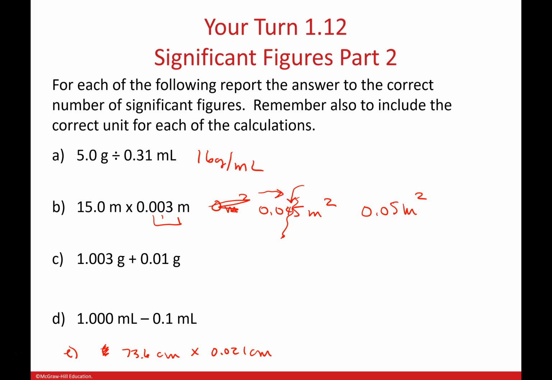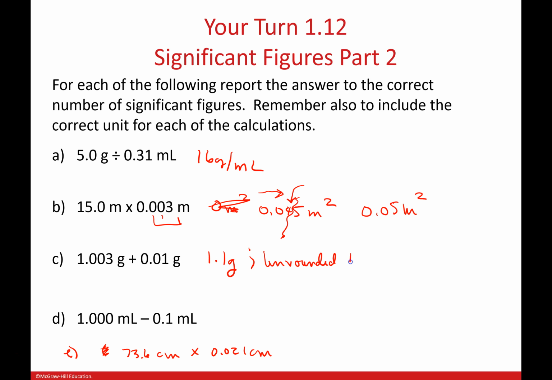Okay, next one, we're adding. What do you think? 1.1 grams. Let me double check. 1.03 plus 0.01. Sometimes I'll call this unrounded.